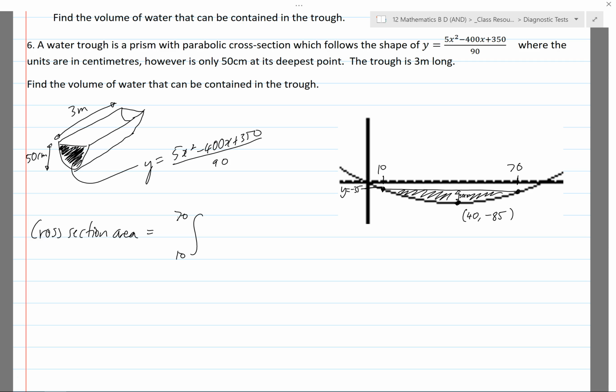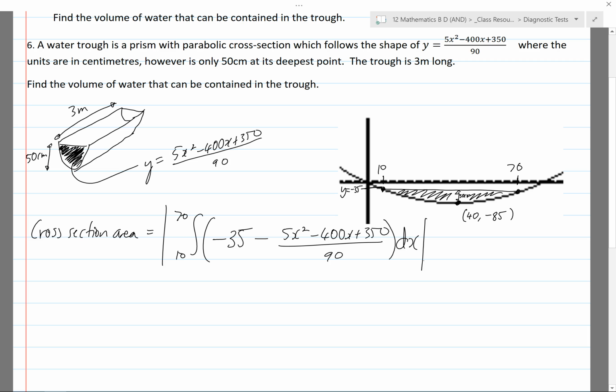I normally do it to the side, but I'll just do it in here. My top function is minus 35. Okay, we can see that one's on top all the time. And my bottom function is this big fraction one. And I'm integrating that with respect to x. And since I'm cautious, I always put absolute value around just in case I got the top minus bottom incorrect.